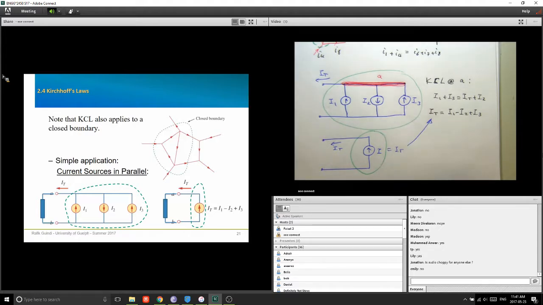Same direction. So this current I, it will still work.